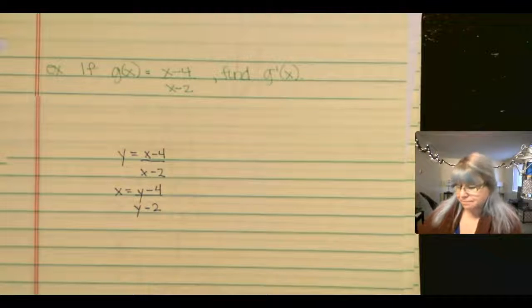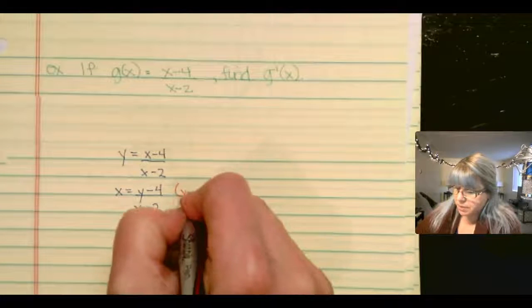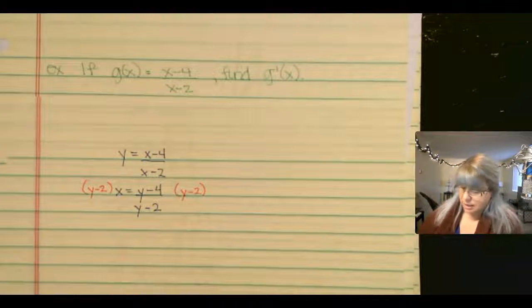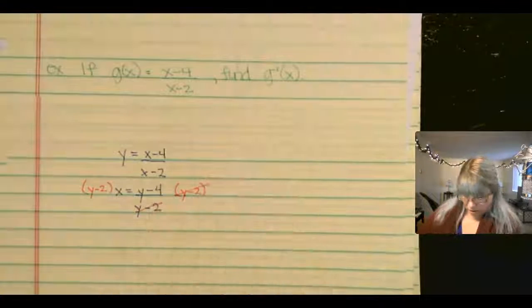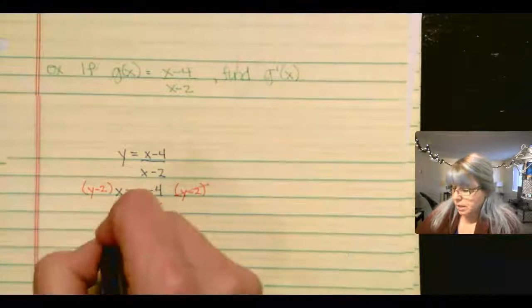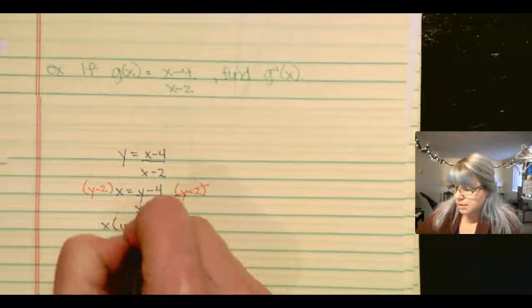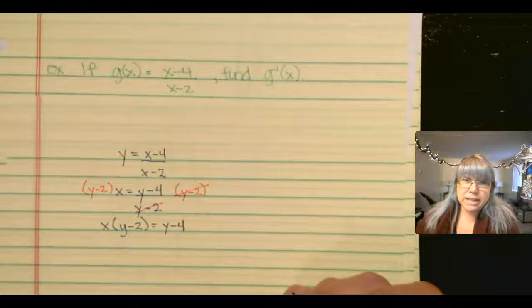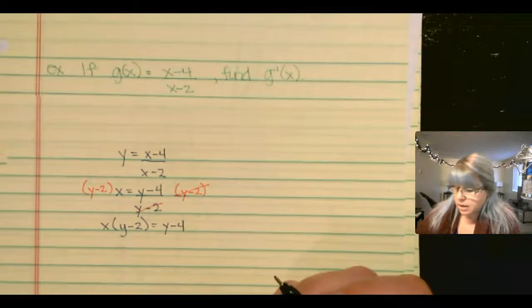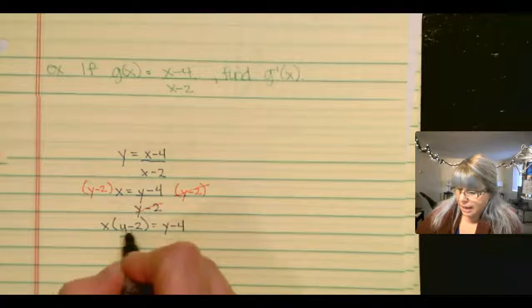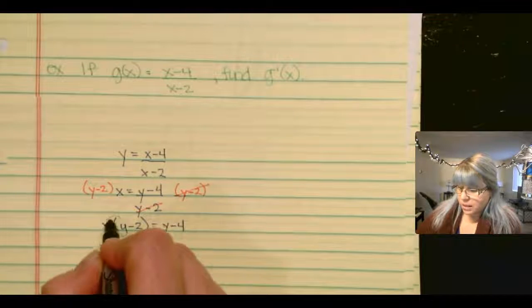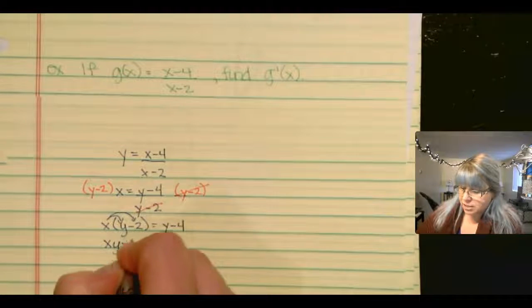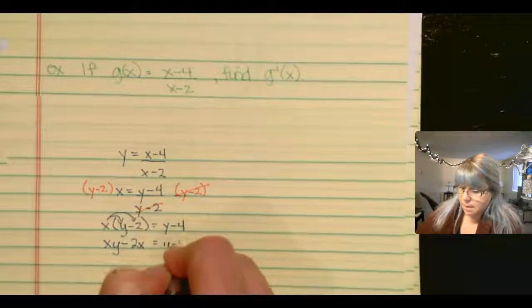So here's my plan. I'm going to multiply both sides by y minus 2. That way, at least the denominator is gone on the right-hand side, giving me x times (y minus 2) equals y minus 4. My goal is to get y's all on one side. But this y is attached to a -2, so I'm going to distribute the x. xy minus 2x equals y minus 4.